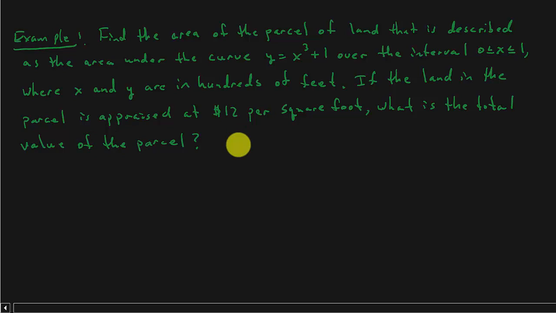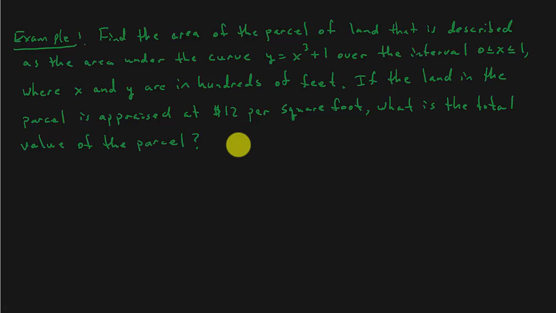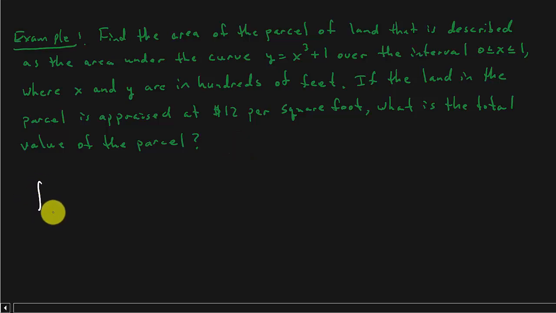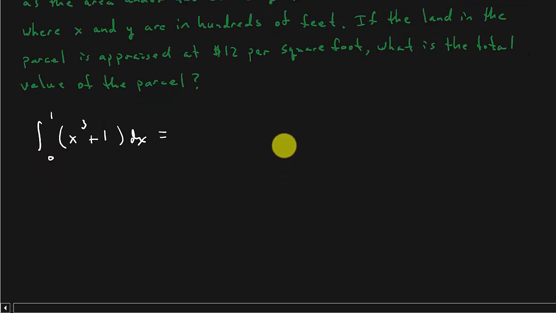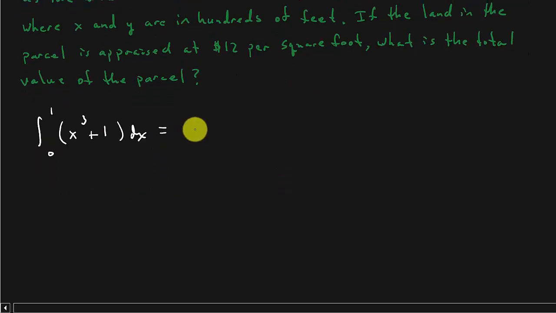All right. So actually, we need to find the area first. So let's do that. So we've got the integral from 0 to 1 of x cubed plus 1 dx. And so when we integrate, that's going to be x to the 4th times the reciprocal of your new exponent, plus x, and that's from 0 to 1.